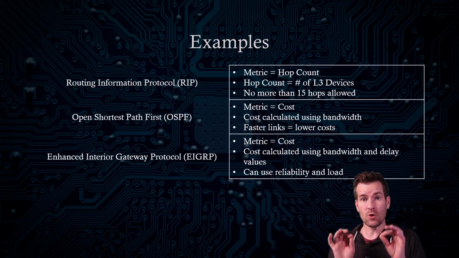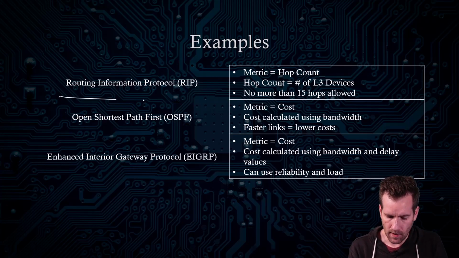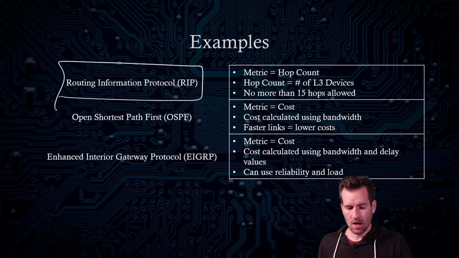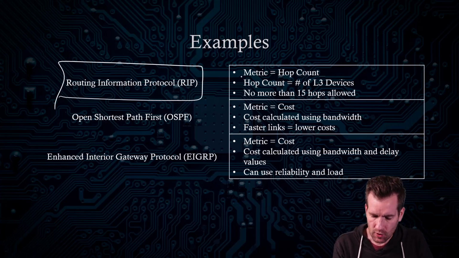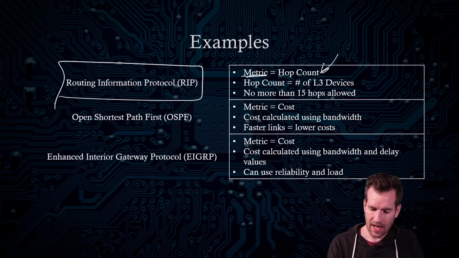So let's look at a few highlights of some examples. Here we have RIP, Routing Information Protocol. RIP uses a metric, which is what it uses to determine the best route, and it uses something called hop count.